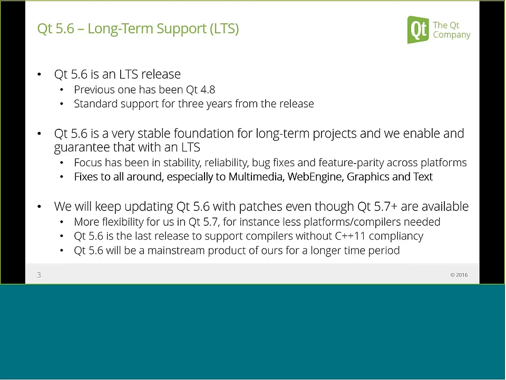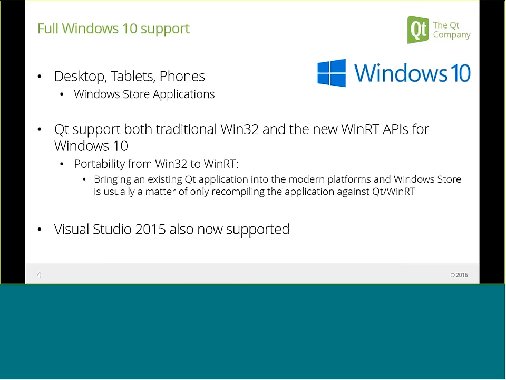Okay, let's move on to what's included in 5.6. So maybe the biggest individual feature of 5.6 is full Windows 10 support. By Windows 10 support, we mean covering all the desktop PCs, all the tablets running Windows 10, as well as phones.